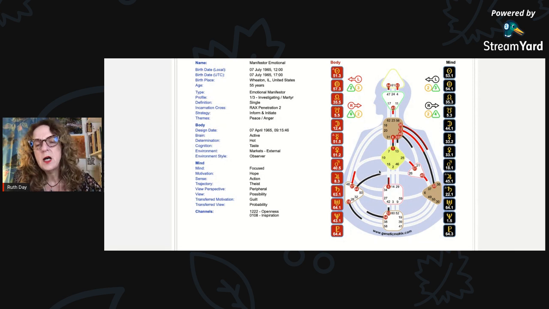you can tell it's not a reflector because there are centers colored in. You can tell this person is not a generator because the sacral center is not colored in. What makes this person a manifestor is that the throat is connected to one of these centers down here.